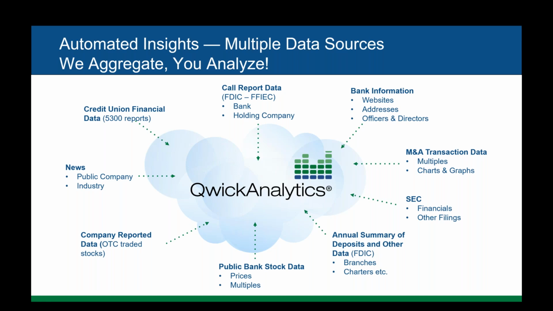We have a comprehensive M&A database, so you can go through M&A transactions and do a lot of analysis from that perspective. We have full access to all the SEC financials as well. So if you're looking at larger institutions that file with the SEC, not only do we have financial information from the SEC and company reported data as well, but also a whole host of valuation, stock price information, summary of deposits information at the branch level, and everything else.